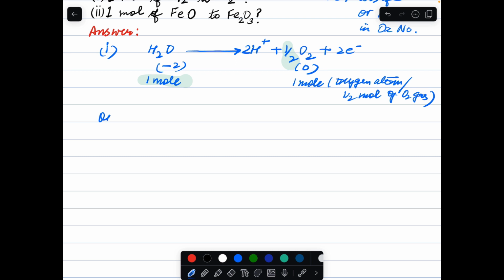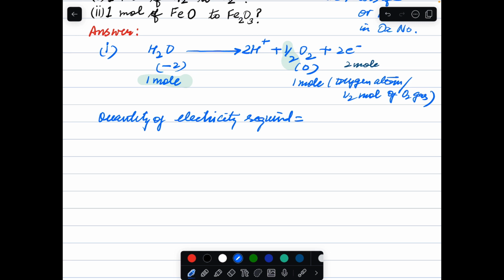So the quantity of electricity required is equal to what? How many electrons are required for this process? If we have 1 mole of water, we need 2 moles of electrons.